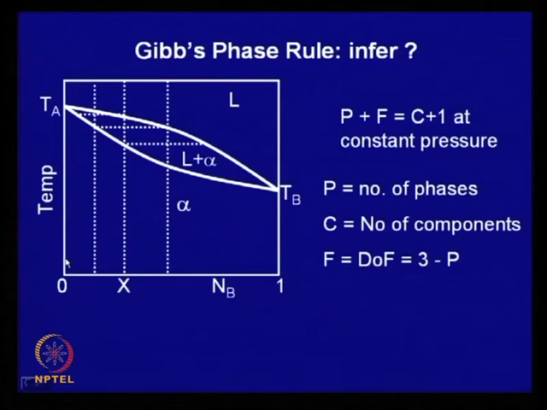Binary alloy means number of components is 2. So, C is 2, so C plus 1 is 3. So, degree of freedom is 3 minus P, that is the number of phases which are coexisting. So, if you consider the system somewhere here, what is it made up of?